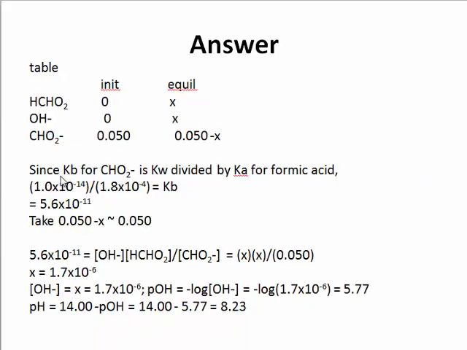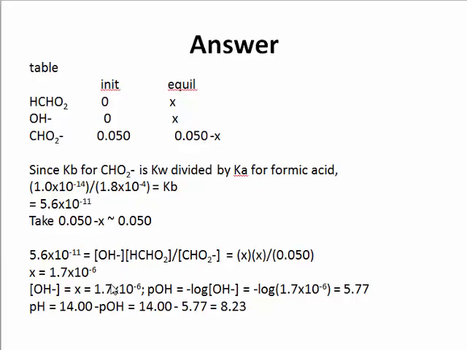That's 1 times 10 to the negative 14 over 1.8 times 10 to the negative 4 is Kb. Kb is 5.6 times 10 to the negative 11, very small. Alright. 5.6 times 10 to the negative 11 then is x squared over 0.05, gives x is 1.7 times 10 to the negative 6.